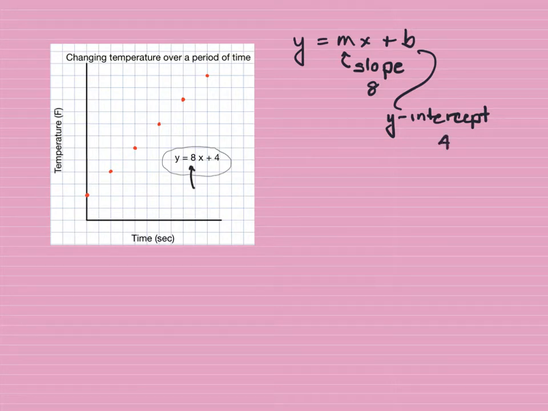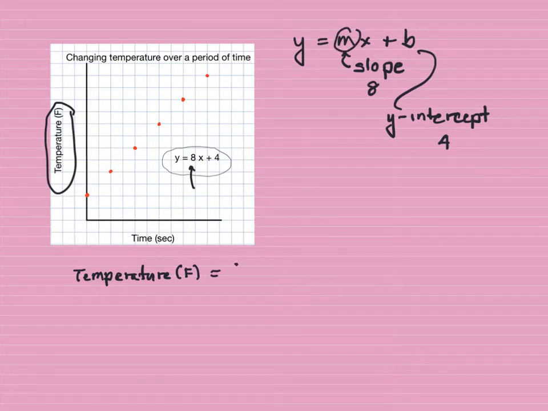So what we want to do is write this not with y's and x's and m's and b's, but with actual variables and with numbers. So y, this is your y-axis. So the y-axis is temperature. And we want to include units for everything. So that's Fahrenheit equals, so I need the slope, which is 8.